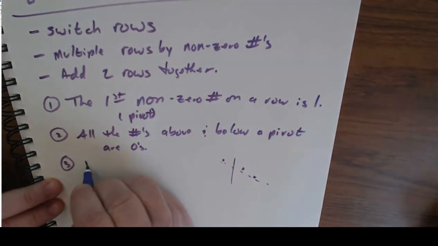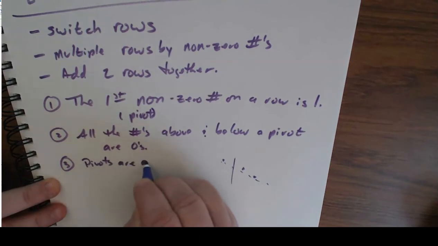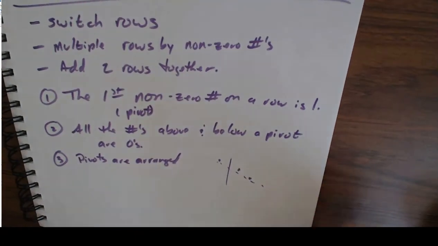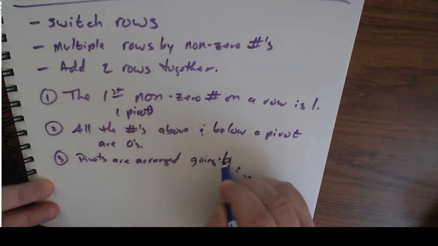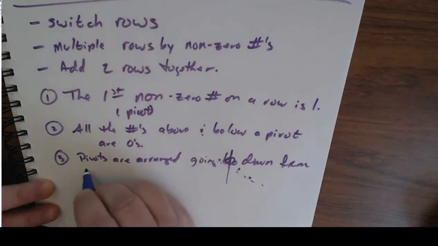So I'm going to say pivots are arranged going down from upper left to lower right.